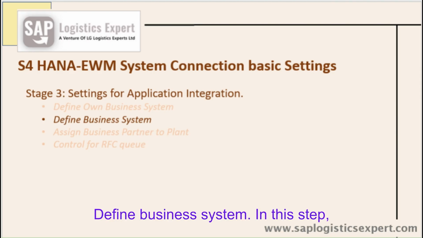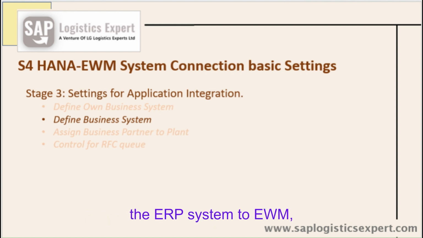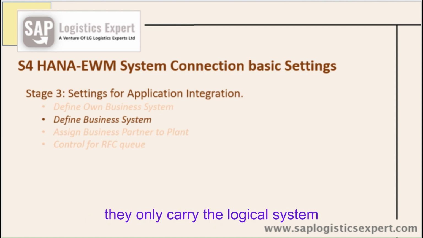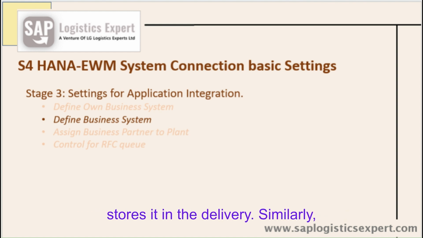Define Business System. In this step, we link logical systems to business systems. When deliveries are sent from the ERP system to EWM, they only carry the logical system information. EWM then uses this configuration to map the logical system to the correct business system and stores it in the delivery.